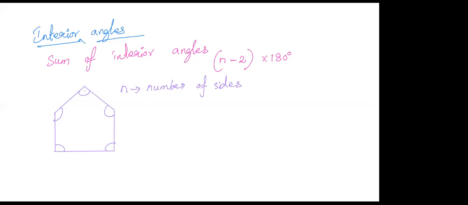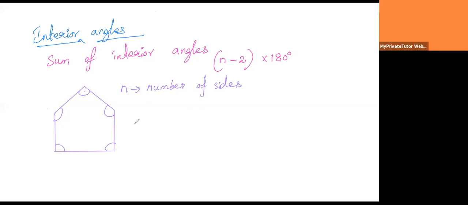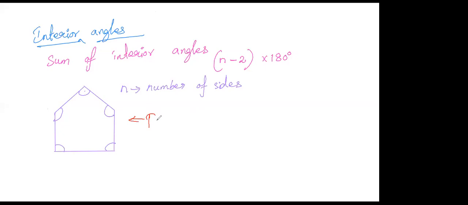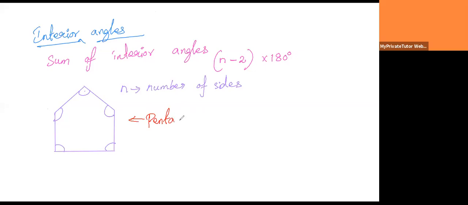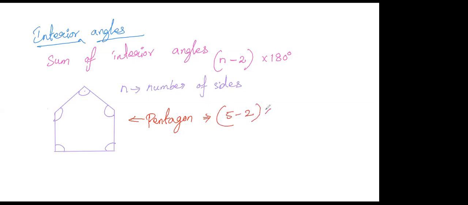How do we find the sum of interior angles in this pentagon? There are 5 sides, so you could do 5 minus 2, which is 3, into 180. Yeah, exactly. Pentagon means 5 sides, n is the number of sides. So 5 minus 2 is 3 times 180. What is 3 times 180?